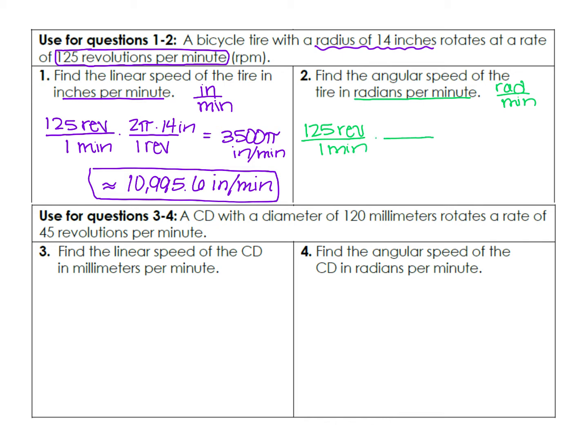But this time, one revolution is just 2 pi radians. 125 times 2 is 250 pi radians per minute, which is about 785.4 radians per minute.